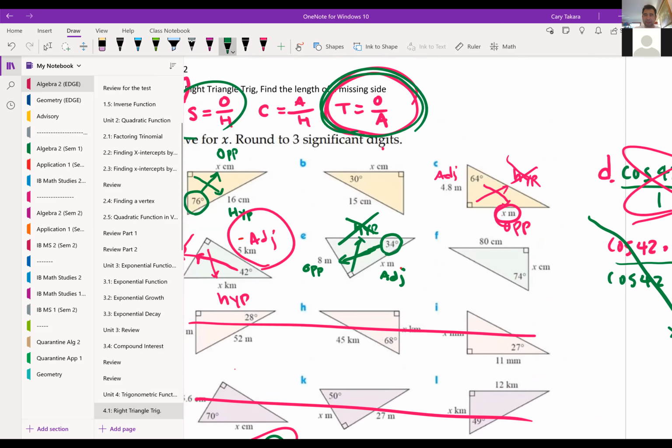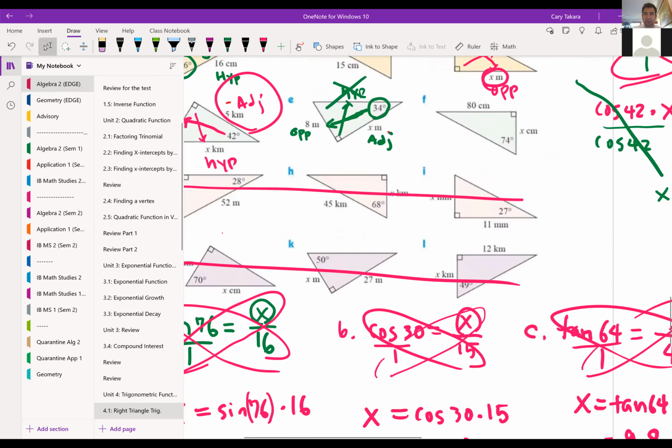Okay, so let's find a room to set up an equation here.